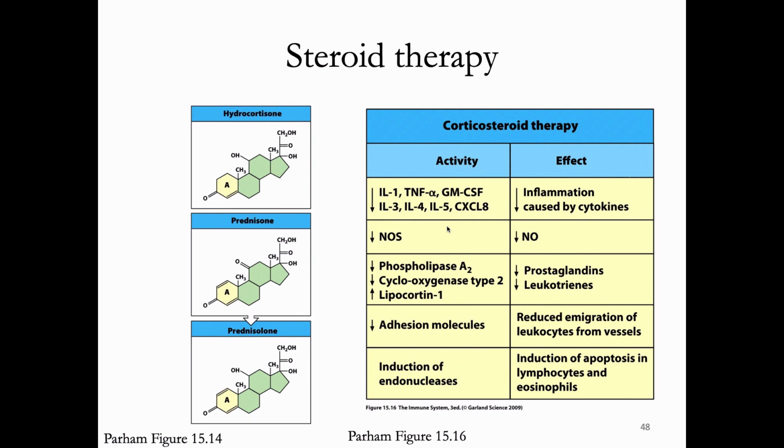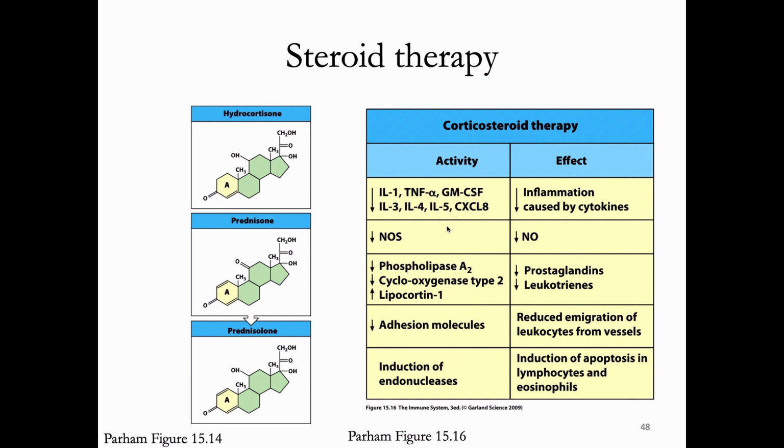There's a lot going on here. It's not just one effect of those steroids. And this does not even get into things like T-cell suppression, which also will happen as a result of some of these steroids.